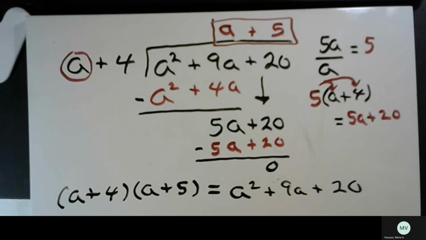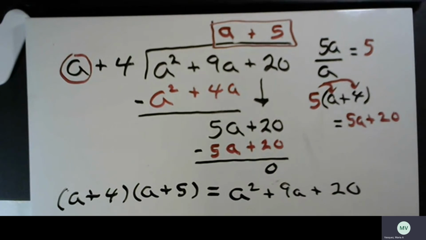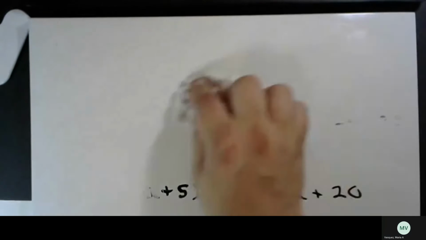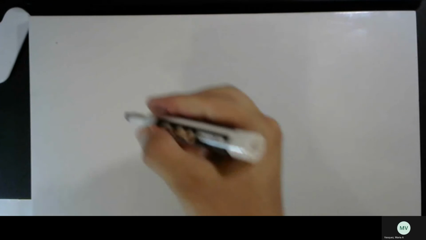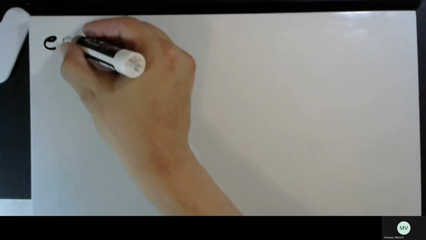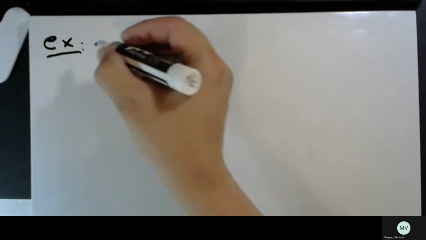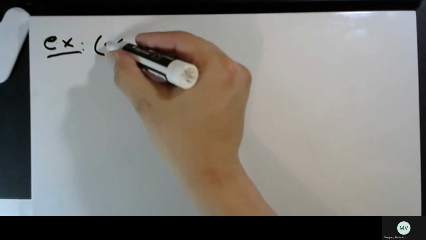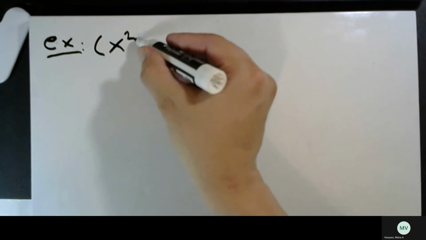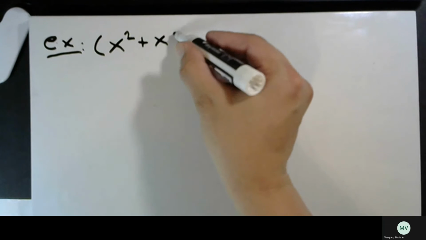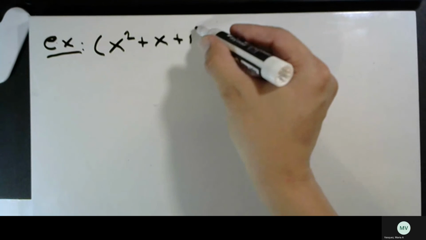But let me show you one a little more complicated. Okay. Let's say we have this. Maybe not complicated, but it's going to have a slightly different type of result.